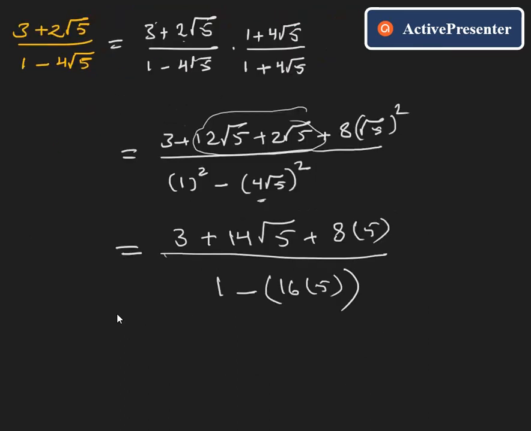So our final answer would be this 40 plus 3 is 43, plus 14 square root of 5 over minus 89. So 89, and here we will put the minus, and we are done.